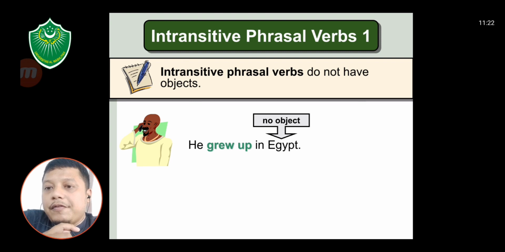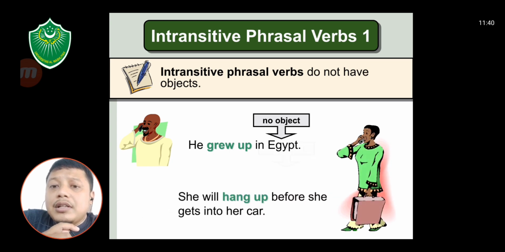What is an intransitive phrasal verb? Intransitive phrasal verbs are verbs that do not have an object. It doesn't need an object, right? So, for example, he grew up in Egypt. Egypt is not an object, right?